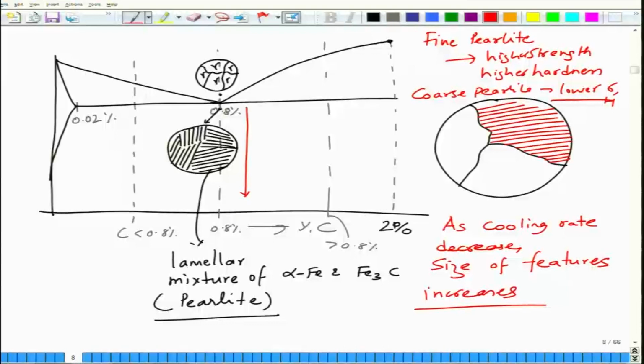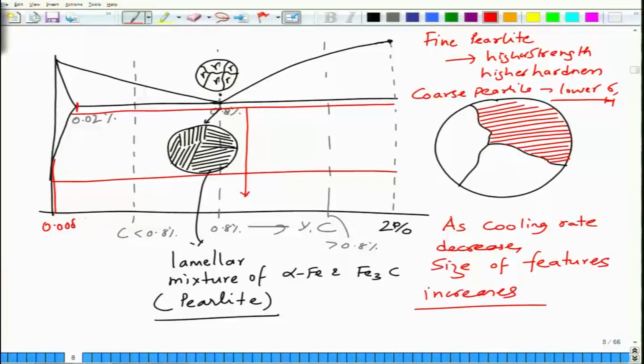The phases remain the same as you lower the temperature, and you can determine their phase fractions by applying the lever rule. If you calculate the phase fraction at this point and at a very low temperature, it is not going to change much, because the solid solubility changes from 0.02% to nearly 0.008%. So 0.02% itself is quite low.